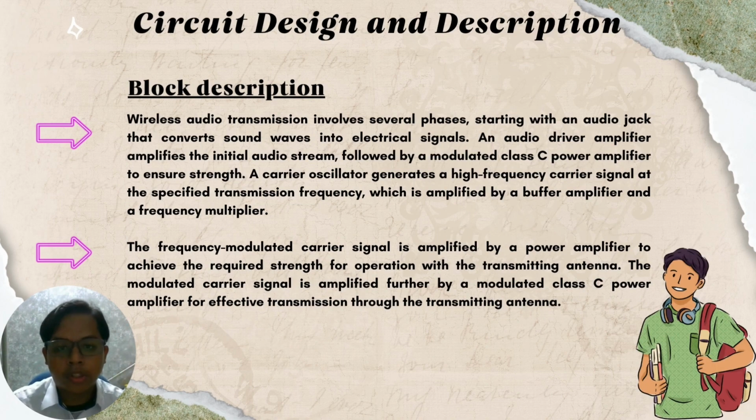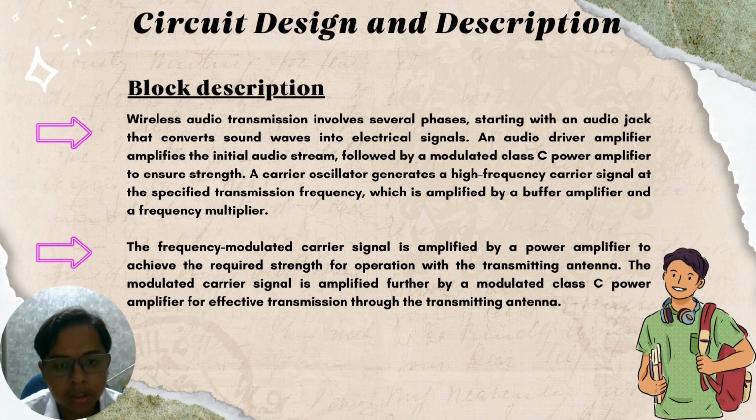Next, for the block description, wireless audio transmission involves several phases, starting with an audio jack that converts sound waves into electrical signals. An audio driver amplifier amplifies the initial audio stream, followed by a modulated Class C power amplifier to ensure strength.